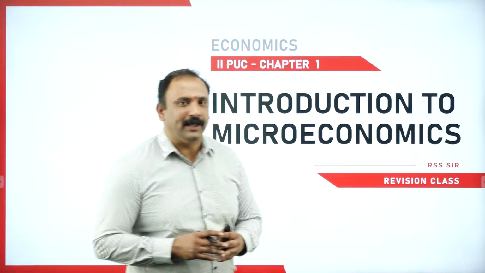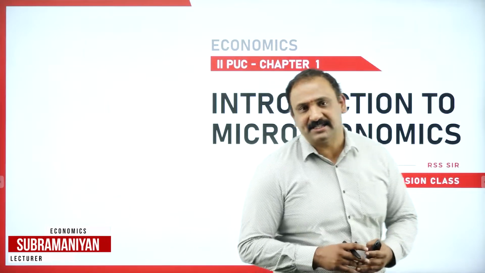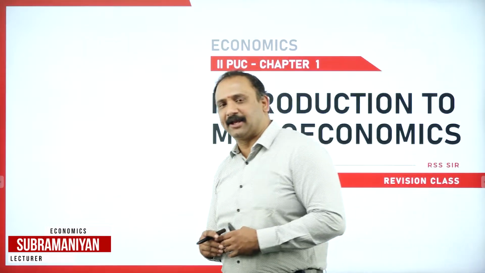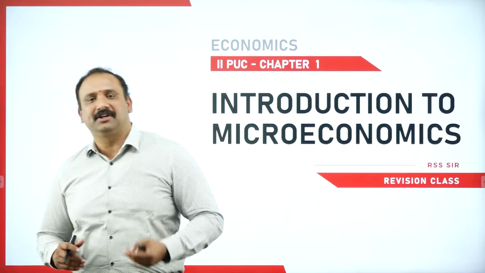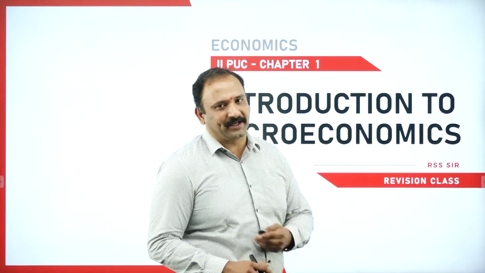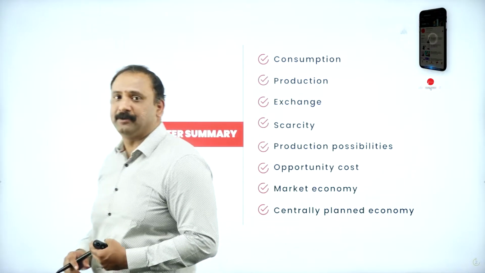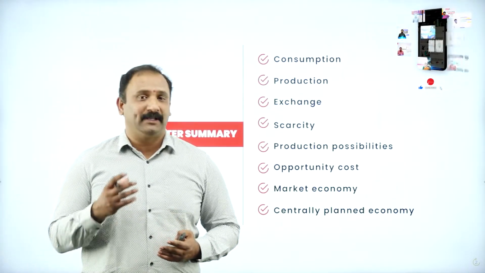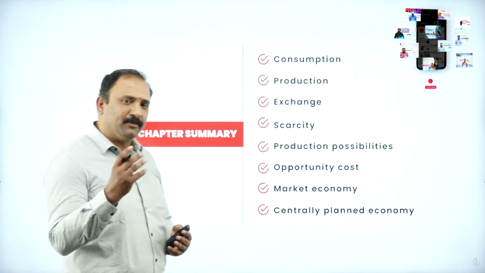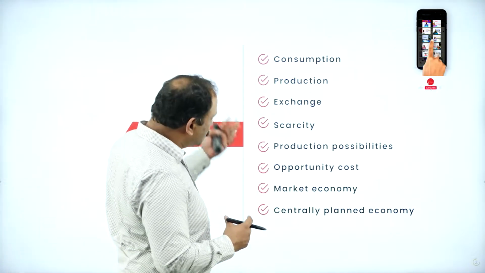Good morning and welcome to the first revision class in 2nd PUC Economics, Chapter 1, Introduction to Microeconomics. Now, all of us know that this chapter is a very important chapter, not just because it's a beginning, but because this chapter has some of the most important factors to be talked about.